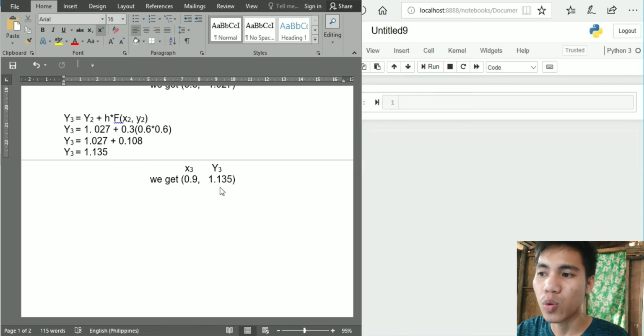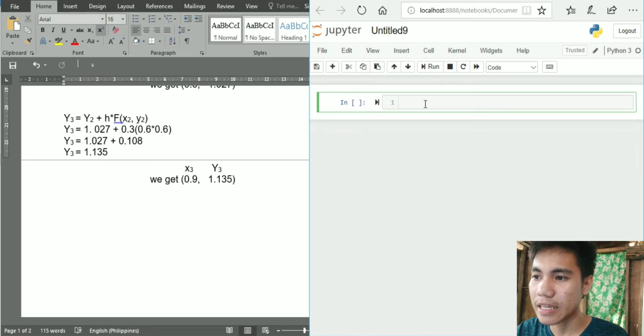Now we are going to program it in Jupyter's Notebook. So first, we are going to import matplotlib.